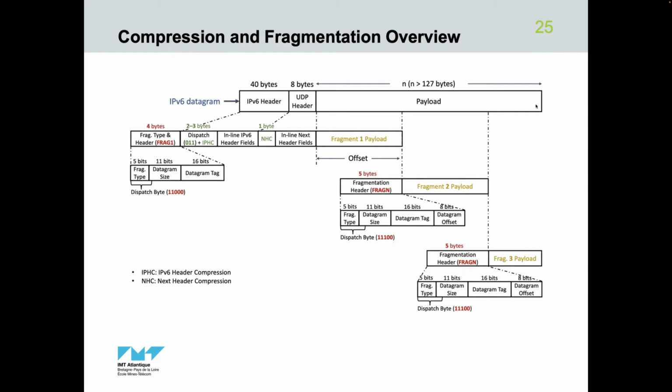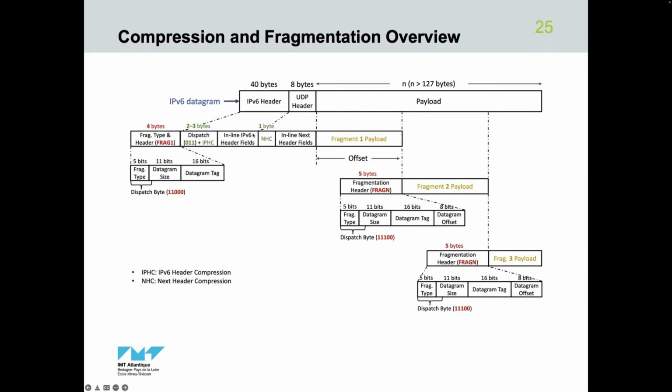The idea is that the source node intends to send this packet to the destination, but because we have this problem of 127 bytes MTU at layer 2, the source node should compress the IPv6 header, which is this one here. As you can see, the dispatch type 011 represents that we have a compressed IPv6, plus the compressed fields for the IPv6.